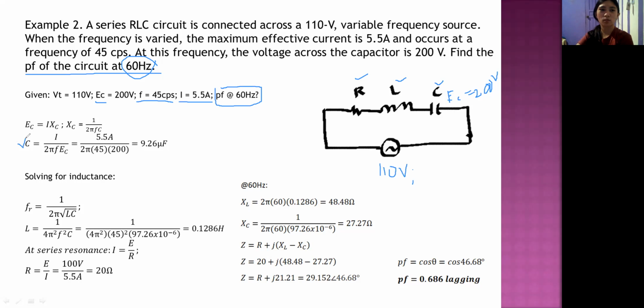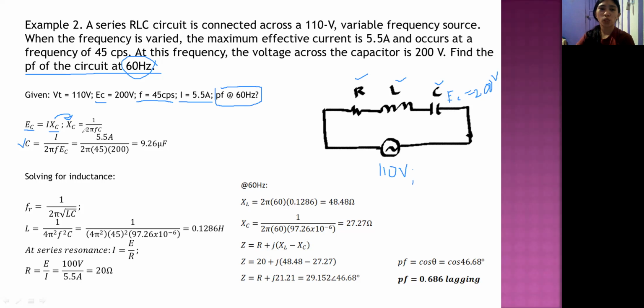Since we are given the voltage across the capacitor, the voltage of the capacitance is equal to the current through it times the capacitive reactance. We all know that the capacitive reactance is 1 over 2 pi fC.